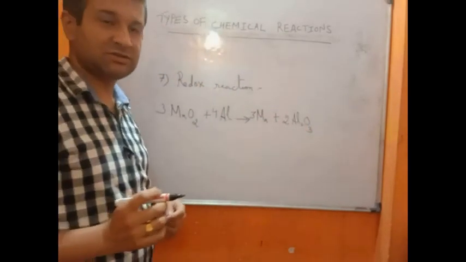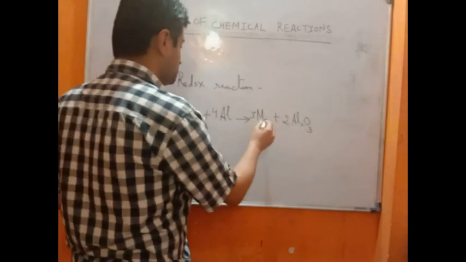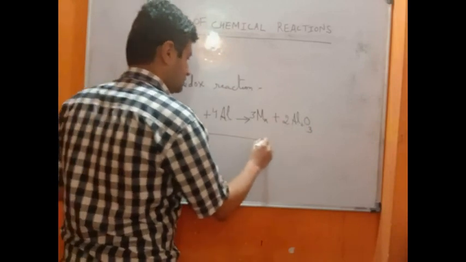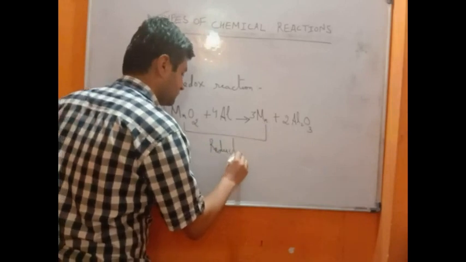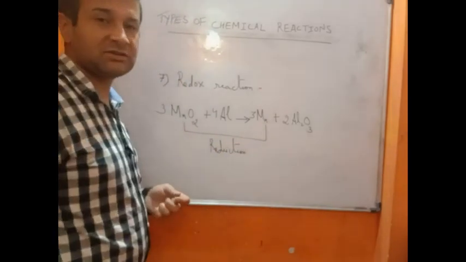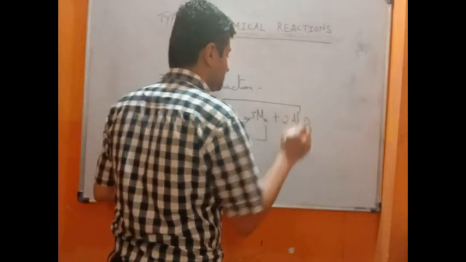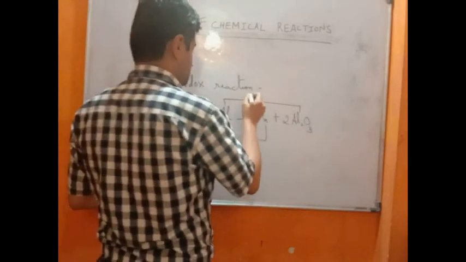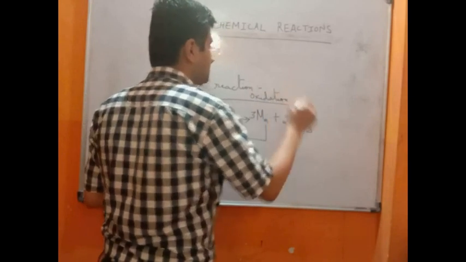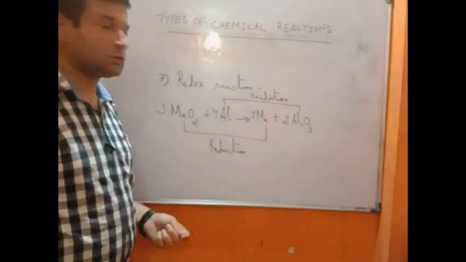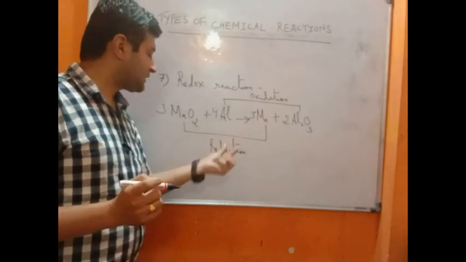In this reaction you see that manganese oxide is getting reduced to manganese. So here you have the reduction reaction, whereas on the other hand aluminium is gaining oxygen. Therefore you have oxidation reaction taking place over here. So in redox reaction we have oxidation as well as reduction.